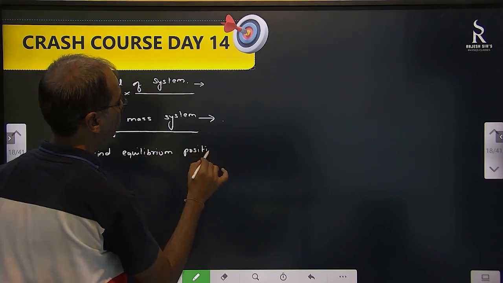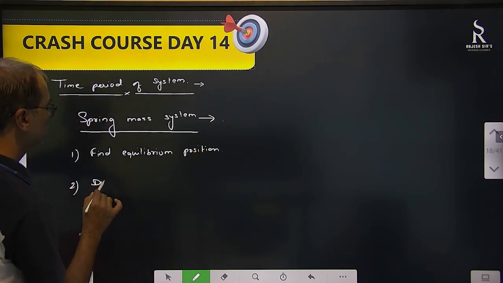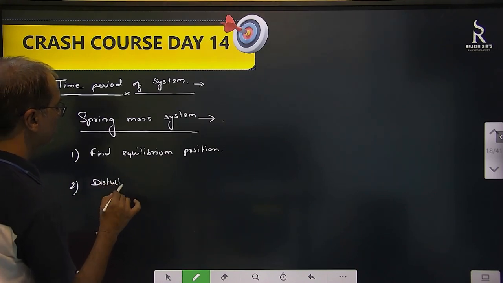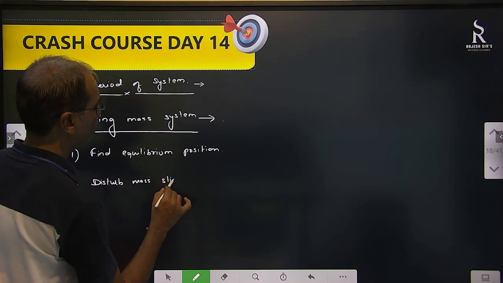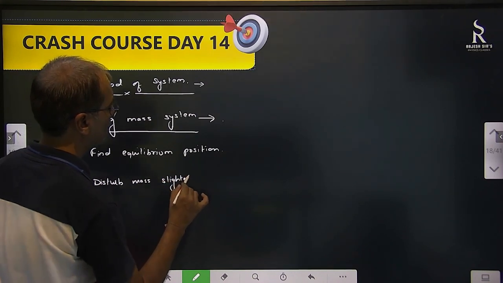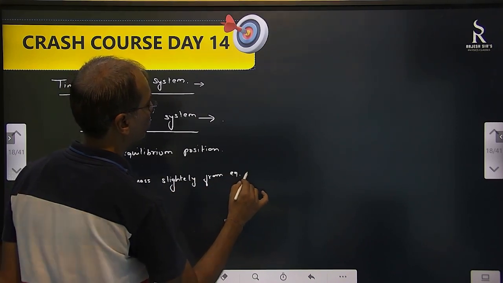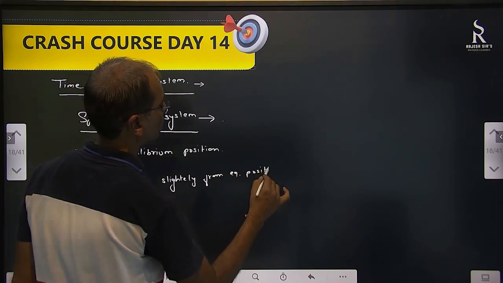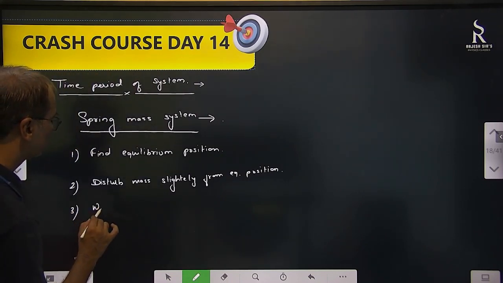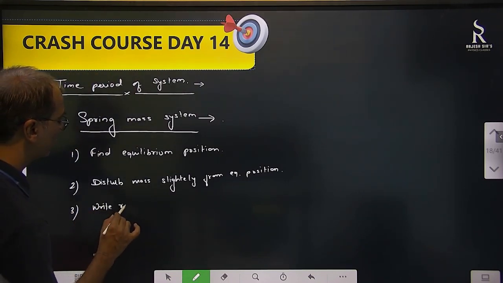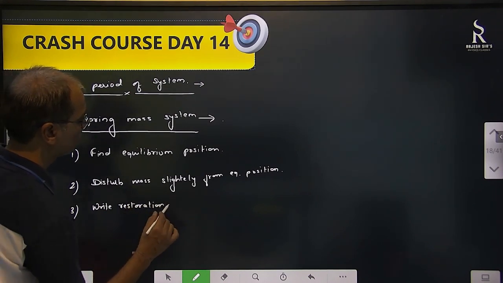First find equilibrium position, then disturb the mass slightly from equilibrium position. Then write the restoring force which is going to take it back to mean position.